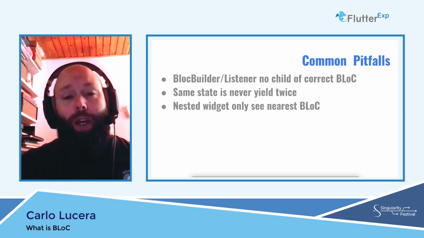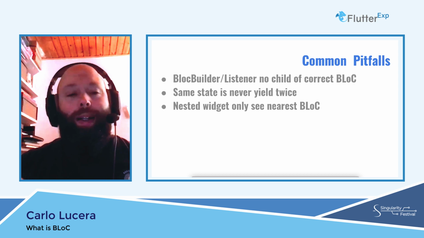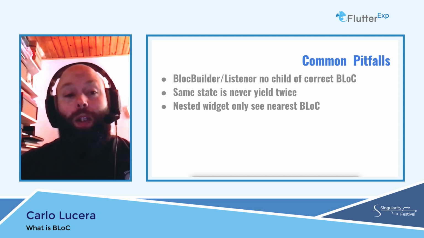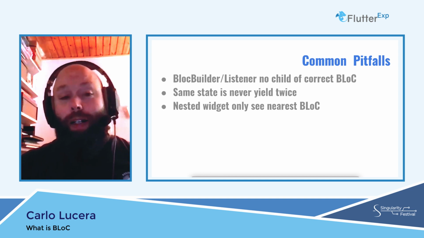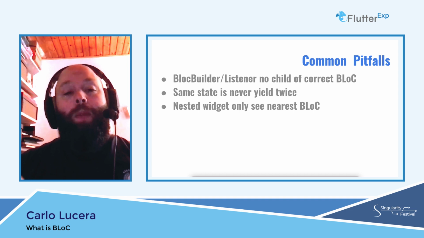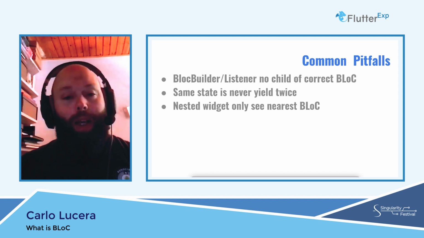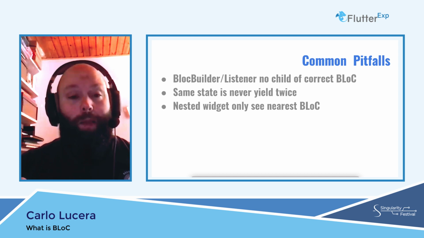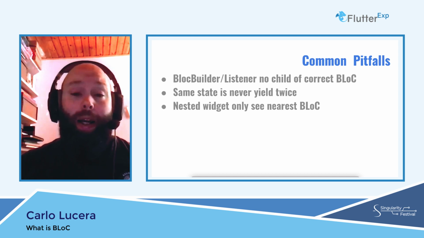Because if we trigger the equality check, for example, by changing the user name, but we didn't manage the equality check and the same instance we return is equal, we will not have the new state yielded. This is one of the most common issues that you will encounter with the block.